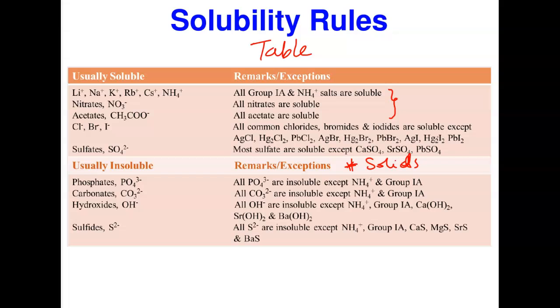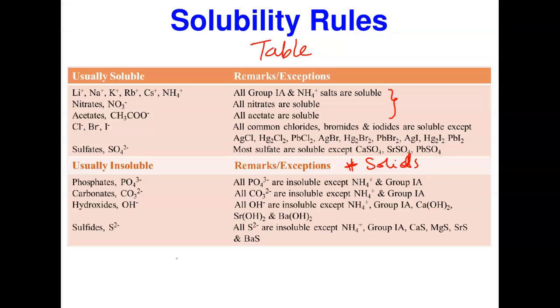Now, the ones that form precipitate, usually very insoluble, are the phosphate, the carbonate, and hydrogen. These guys are soluble except if they form with the group 1 element, which is lithium, sodium, potassium, rubidium, cesium, or ammonium ions. Every other one here from phosphate, carbonate are all insoluble.